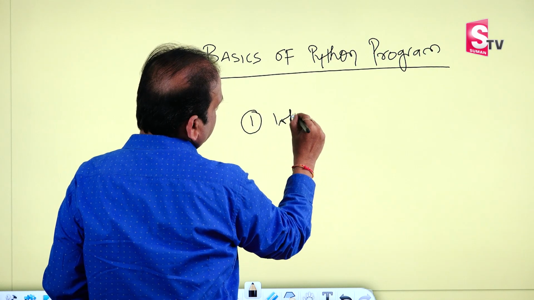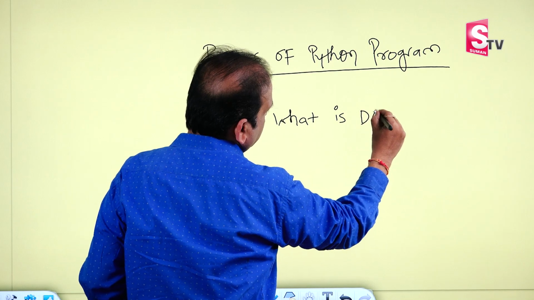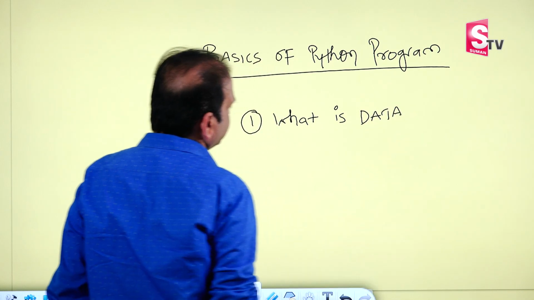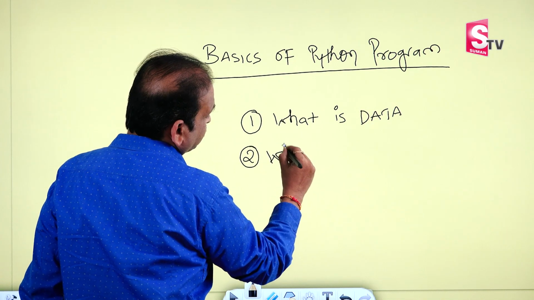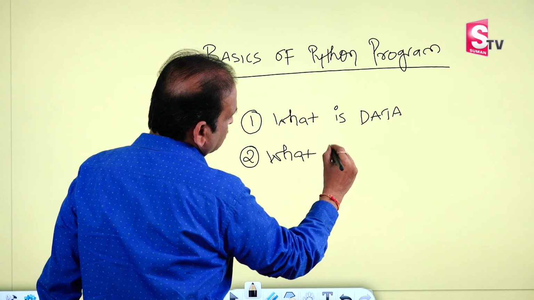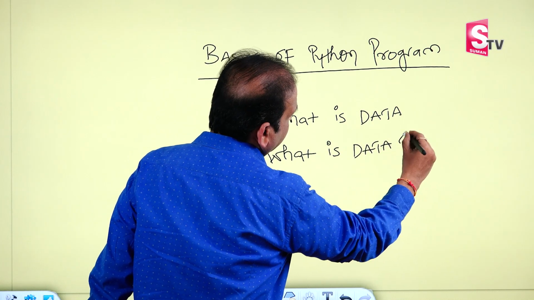What is data? Second, what is data type?